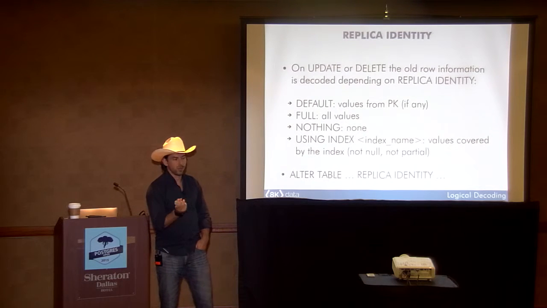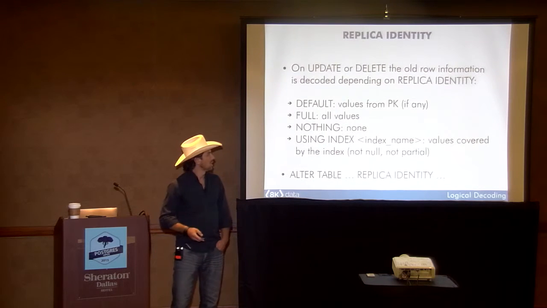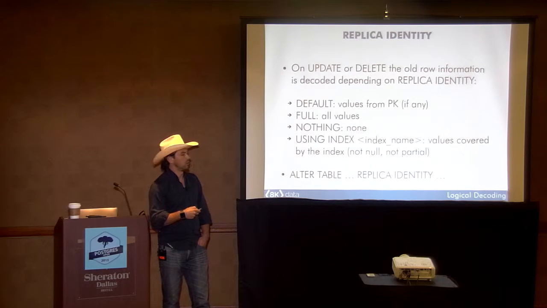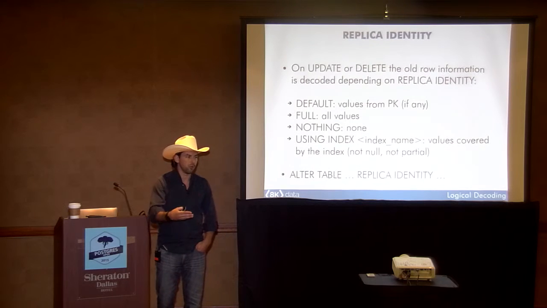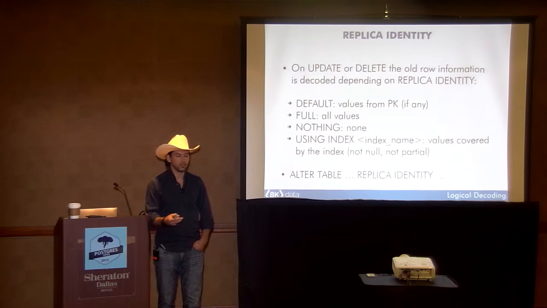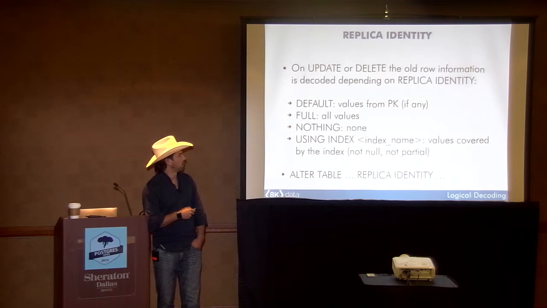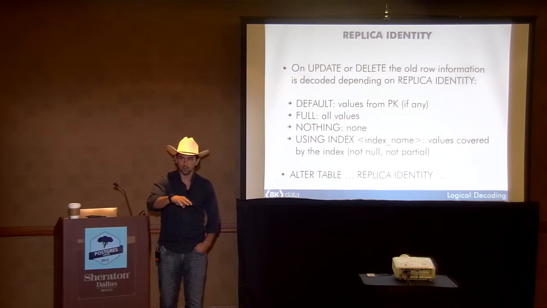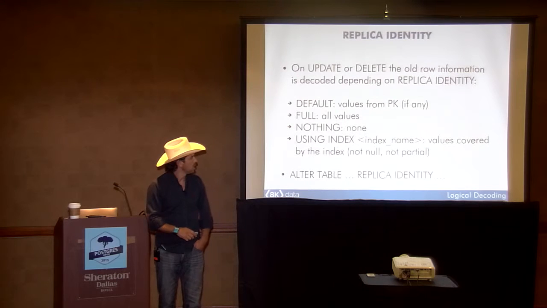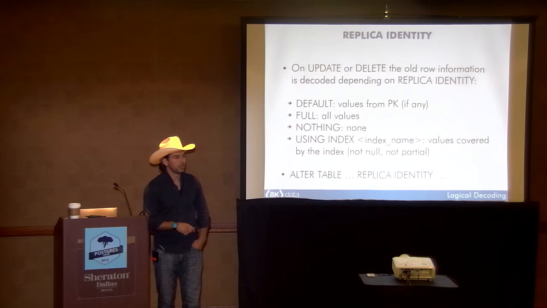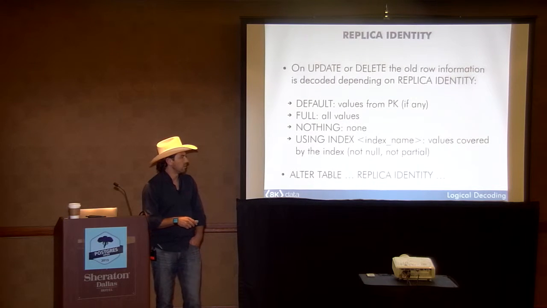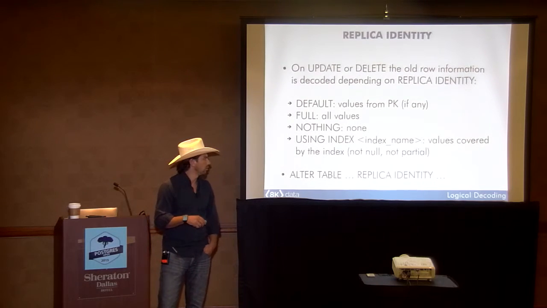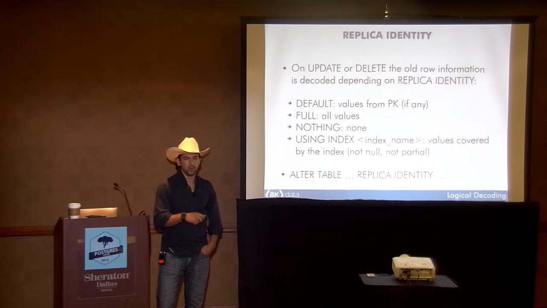This table didn't have a primary key, that's why there's no extra information. If set to full, it will return all values, and this is the one that impacts the most the overhead of using logical decoding. It will output all the old values and, of course, all the new values. If we set it to nothing, it will do nothing, no old values. And if we say using index and then an index name, an index which cannot contain nulls and cannot be a partial index, it will output the old values for those columns covered by the index.